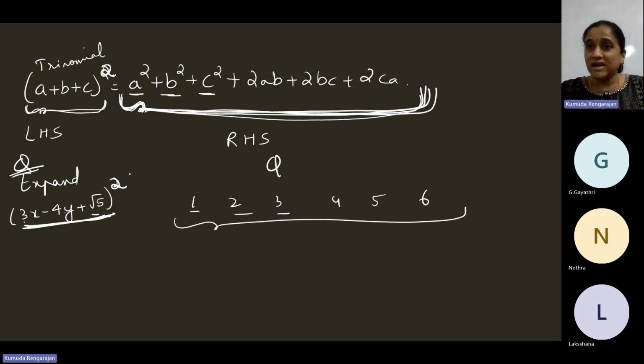Factorize means all the terms are available, and you'll have to compress them. Expand is compressed; you should open it up. Factorize means the terms are all spread out, and you should compress them. So expanding and factorizing are opposite in nature. The way you answer them is opposite in nature.